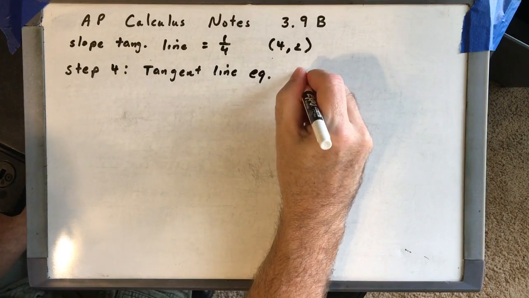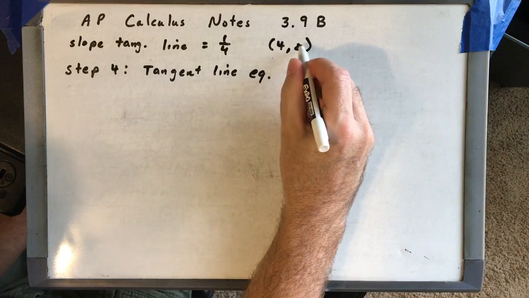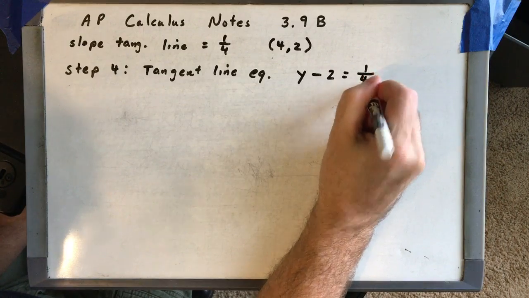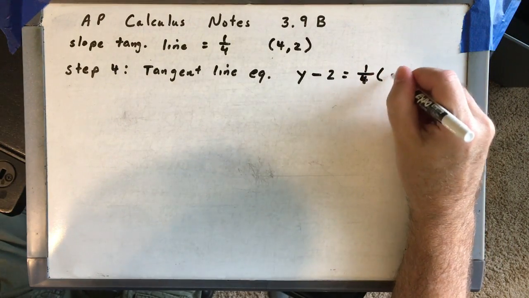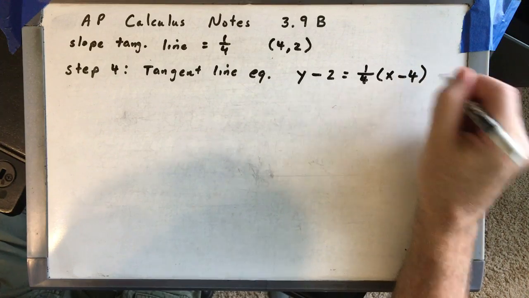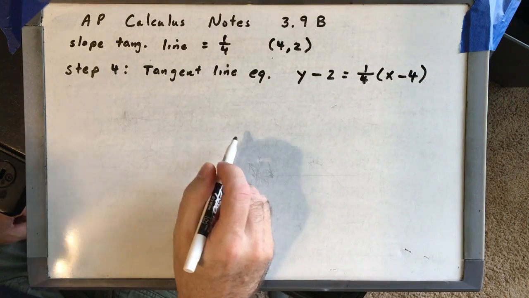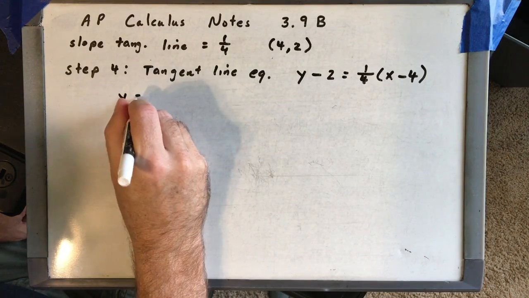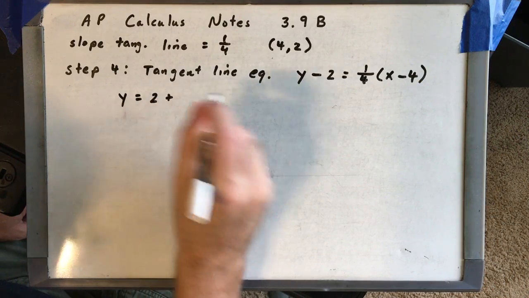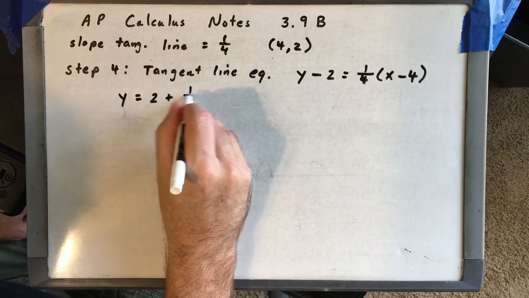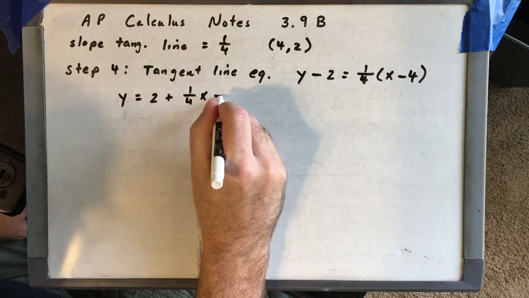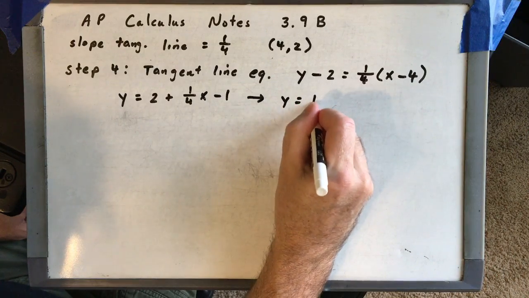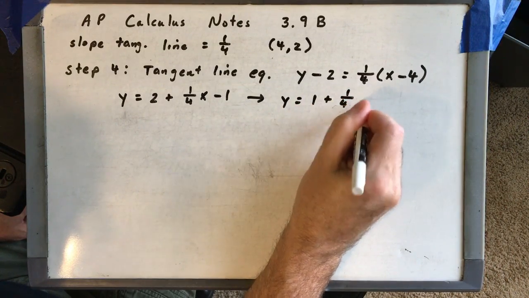All right, so that's going to be y minus y1, that's just 2, is equal to 1/4 times x minus 4. I'm going to go ahead and solve for y here. That's going to make it easy when I plug in my point nearby. So we have y is equal to 2 plus, when I distribute the 1/4, 1/4 x minus 1. So that simplifies to y is equal to 1 plus 1/4 x.